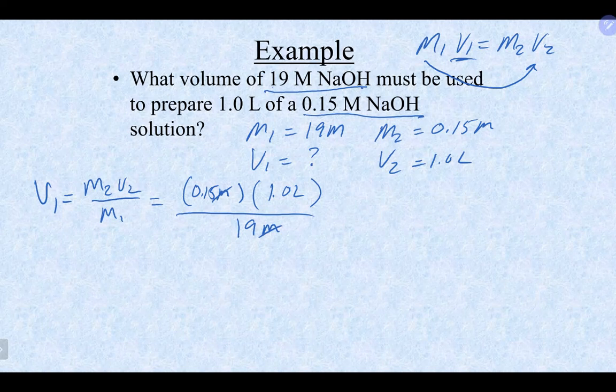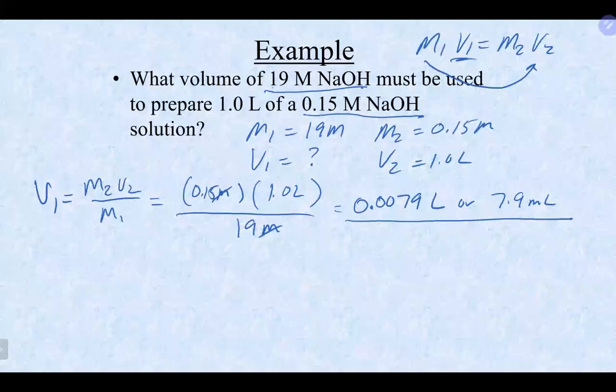That gets us something like 0.0079 liters, or if you want milliliters, you multiply by 1,000 and you get 7.9 milliliters of our sodium hydroxide. So what does that number really represent?